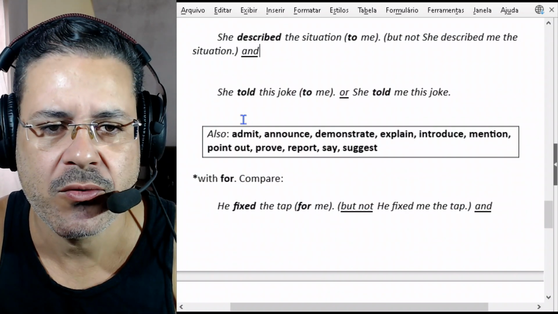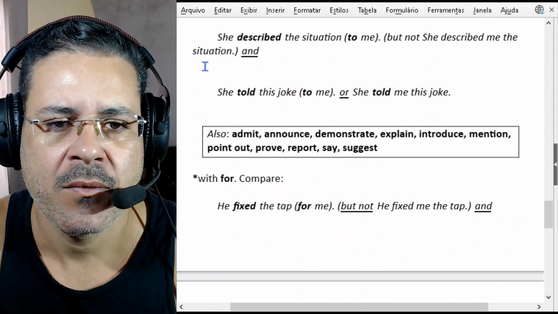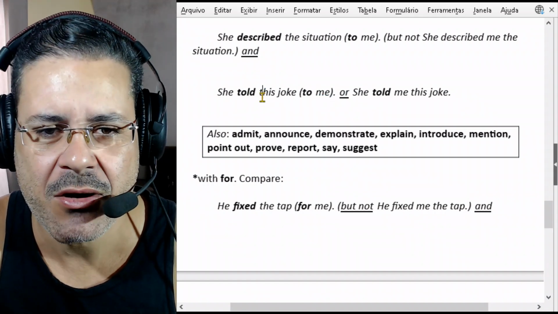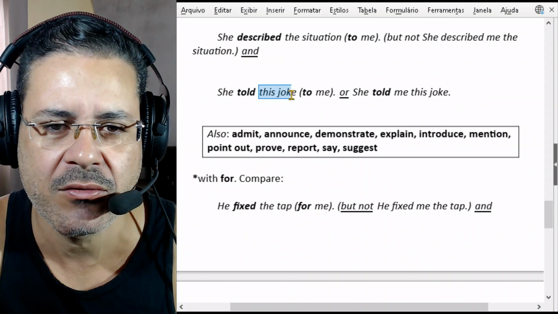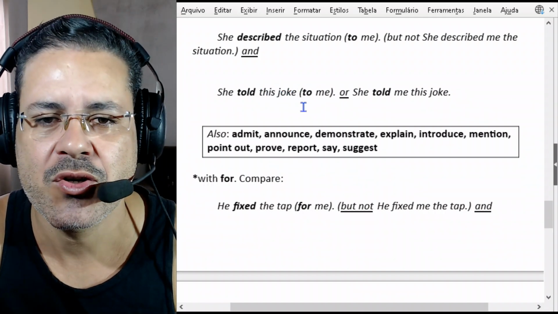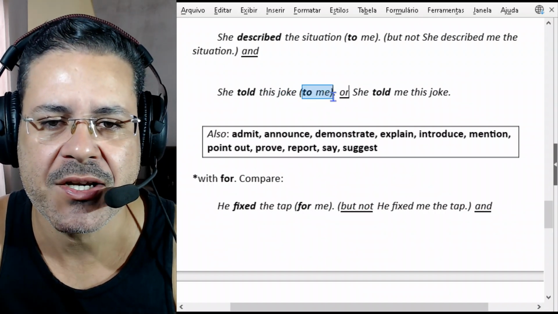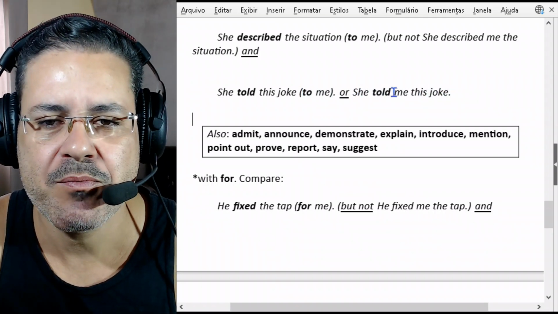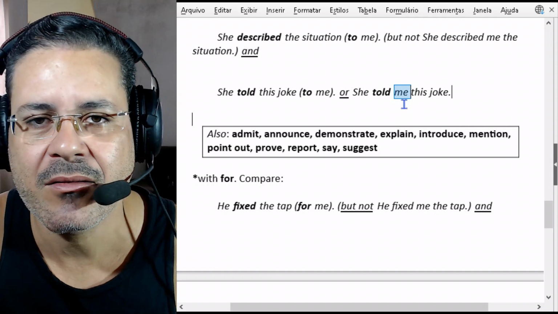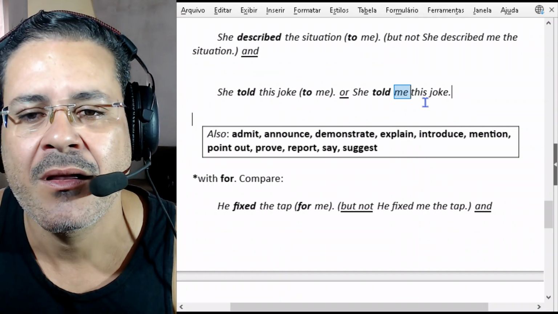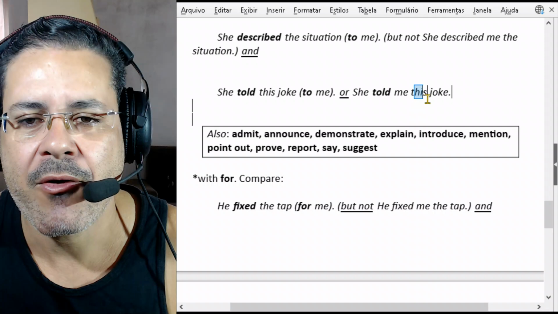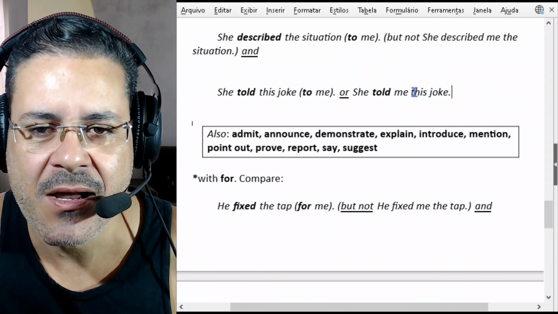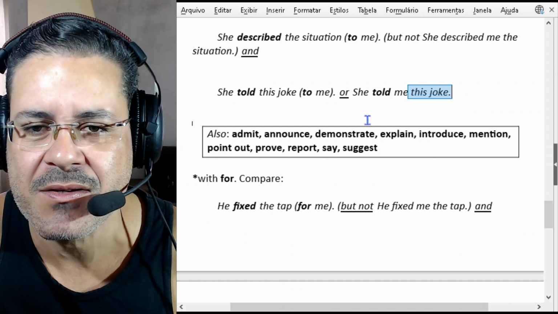Another example. "She told this joke to me." She told this joke, direct object, to me, indirect object. Or "she told me," indirect object, "this joke," direct object. Again, I'd like to emphasize it's all about the sentence.